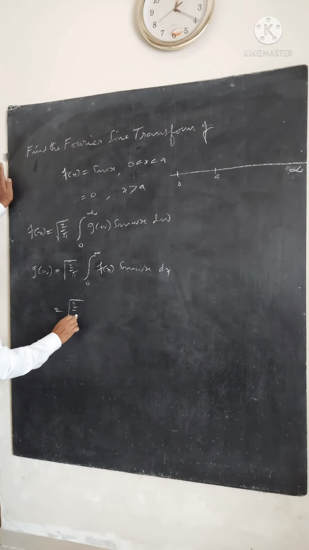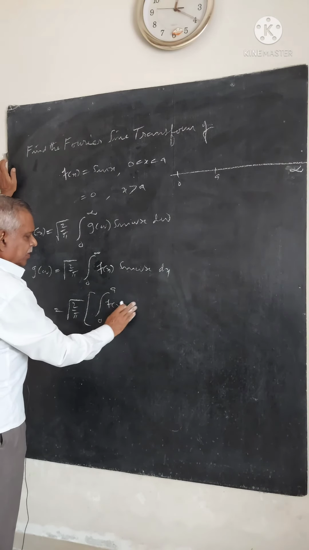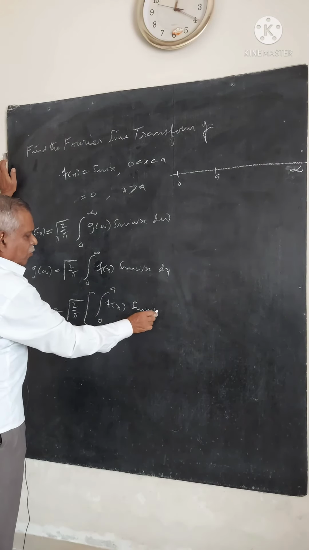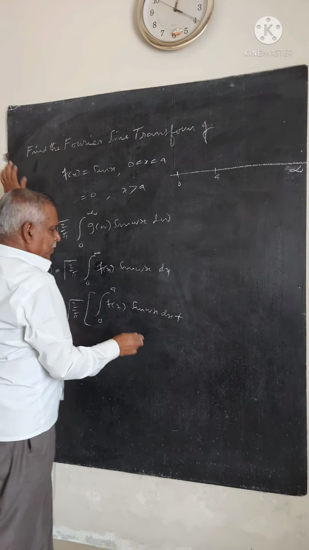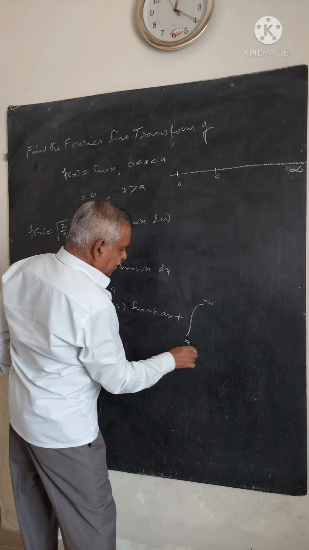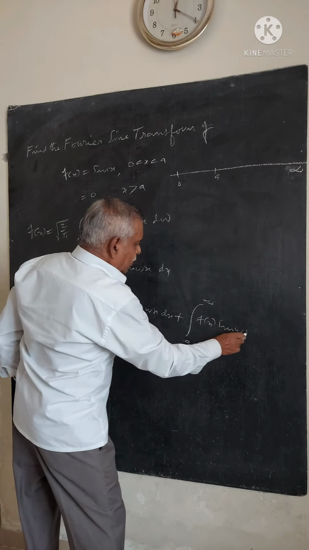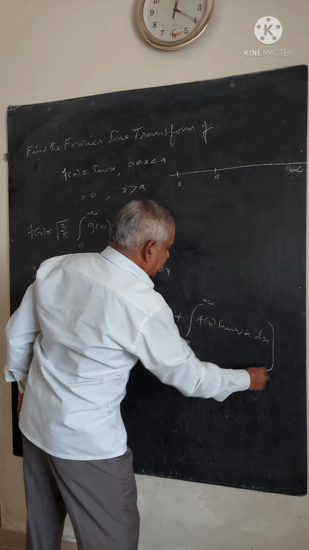Root of 2 by pi, integral 0 to a of f of x sin omega x dx plus integral a to infinity of f of x sin omega x dx.